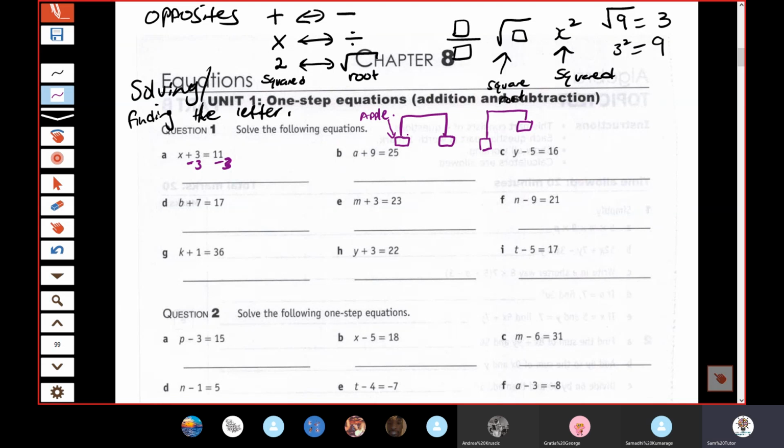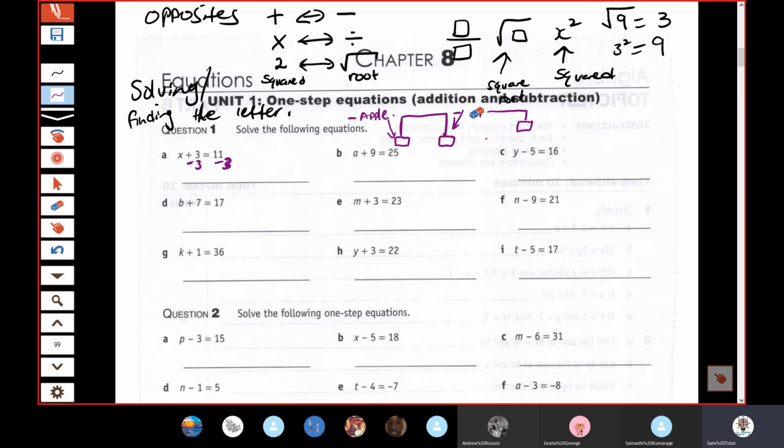So if we add an apple here, we've got to add an apple here as well. Right? Keep everything equal. Or the other way around. If I take an apple out from here, I've got to also take an apple out from here.